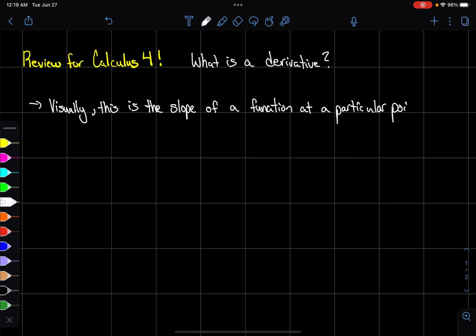And we introduced this topic in Calculus 1 because we realized that while we knew how to find the slope of straight lines, it's pretty easy. The slope of straight lines being y2 minus y1 over x2 minus x1, right? This is good old-fashioned rise over run. We said that this was insufficient if we had something curved.